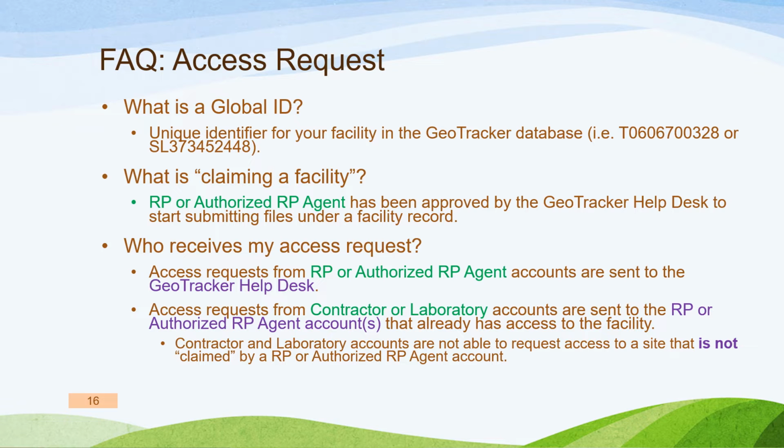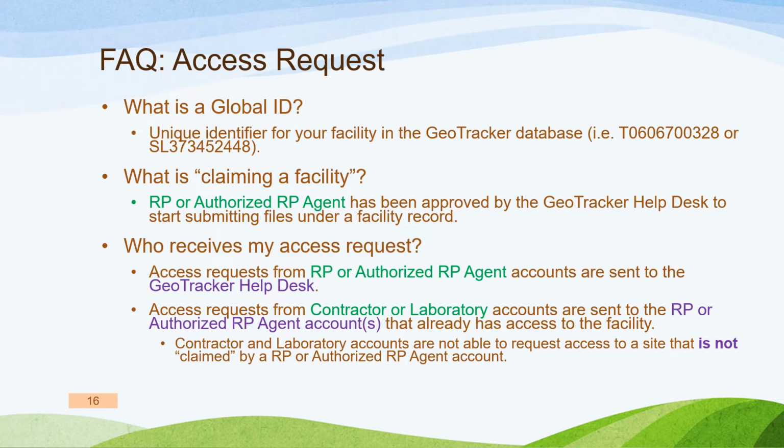Now this comes in importance in the next question, which is, who receives my access requests? Access requests from responsible party or authorized RP agent accounts are sent to the GeoTracker help desk for approval. That said, access requests from contractor or laboratory accounts are sent to the responsible party or authorized RP agent accounts that already have access to that particular facility.